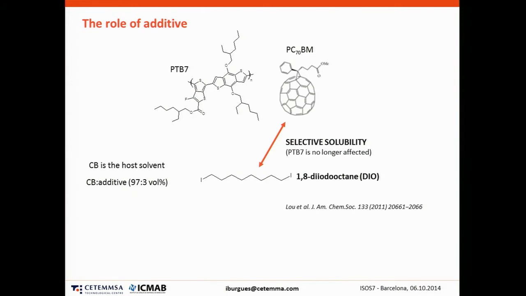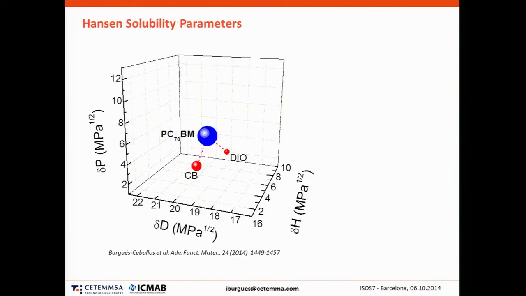selective solubility. This tool, you may know it, is called Hansen solubility parameters, where basically we plot in a 3D solubility space the different chemical contributions of molecules and solvents: polar interactions, dispersion forces, and hydrogen bonding contribution.